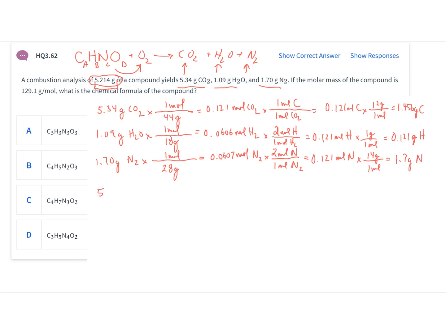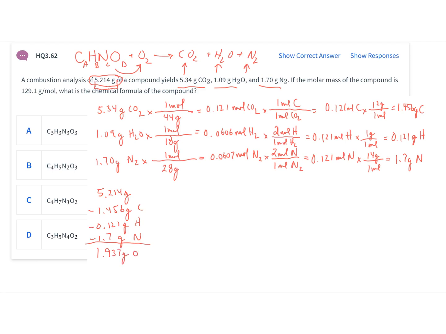My total mass is 5.214 grams. Of that, I have 1.456 grams of carbon, 0.121 grams of hydrogen, and 1.7 grams of nitrogen. So when I subtract, I'm going to find the mass of oxygen of approximately 1.937 grams of oxygen.